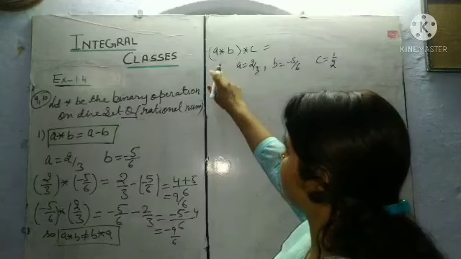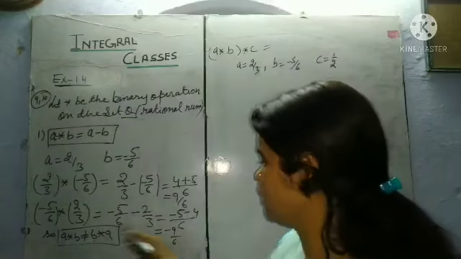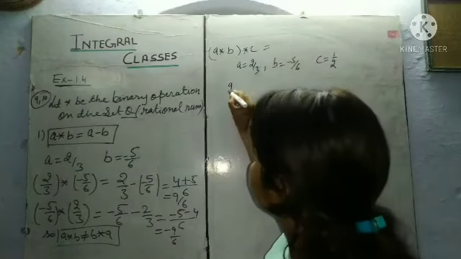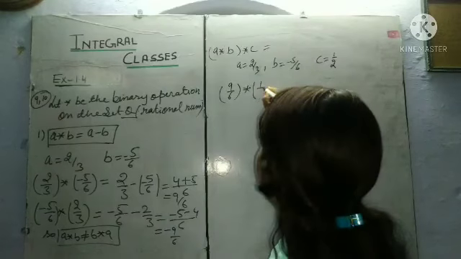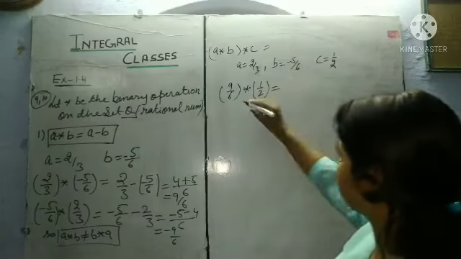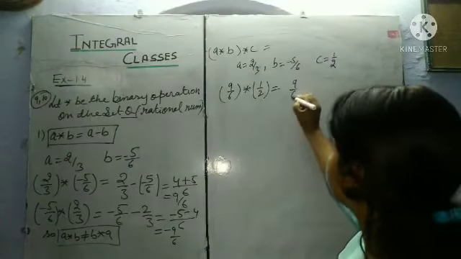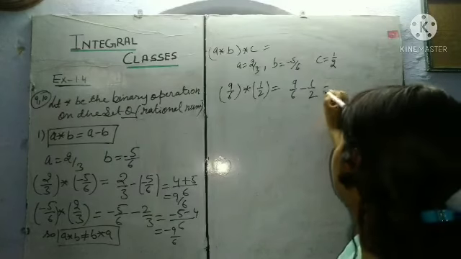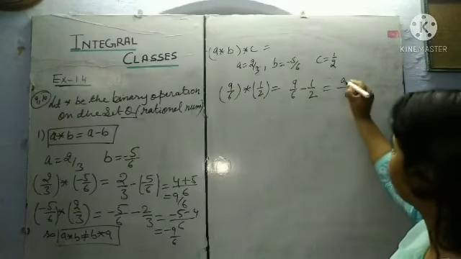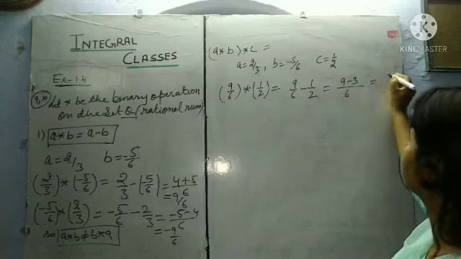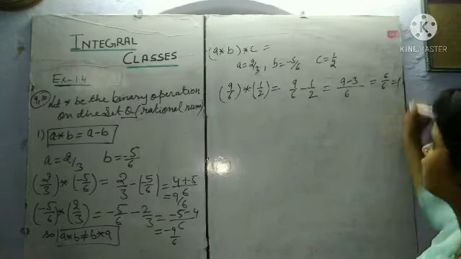First we will apply A star B. We get the value of A star B as 9 by 6. So 9 by 6 star C, where C is 1 by 2. Now again we will apply 9 by 6 minus 1 by 2. Taking 6 as the LCM, 9 minus 3, so 6 by 6, which means 1.